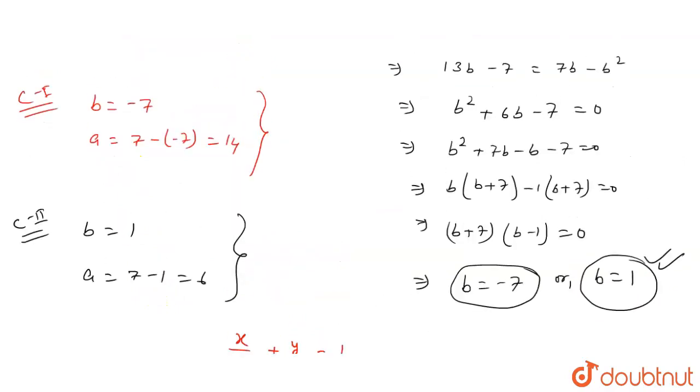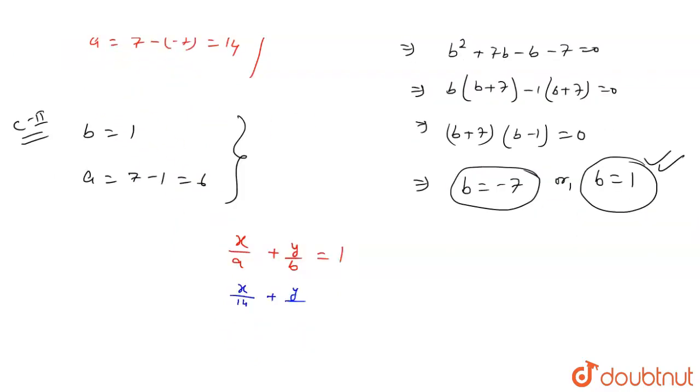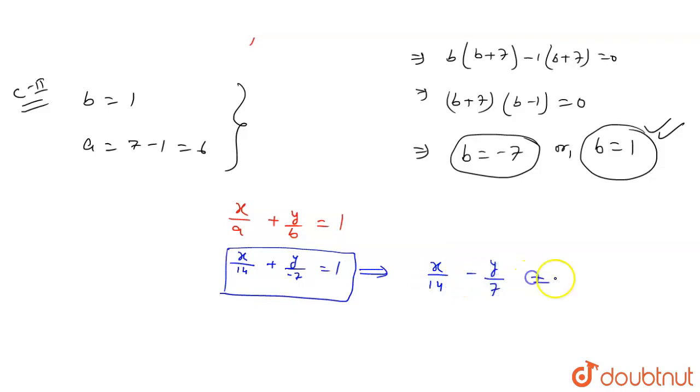If we take case first, then the equation will be x by a, which is 14, plus y by b, which is minus 7, is equal to 1. This is our first equation, okay? Or you can write it as x by 14 minus y by 7 is equal to 1. You can say this is our first answer.